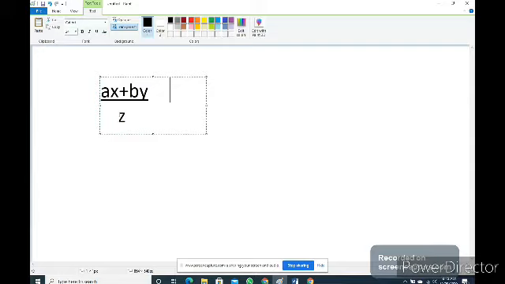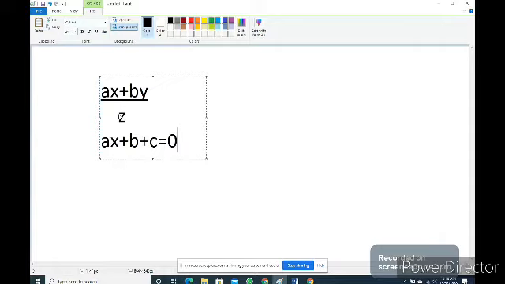If this is like this, ax plus b plus c is equal to 0, it's a polynomial where you have no variable in the denominator. A number can be there, but no variable in the denominator. That's all. So now we have found the meaning of a polynomial and an algebraic expression.